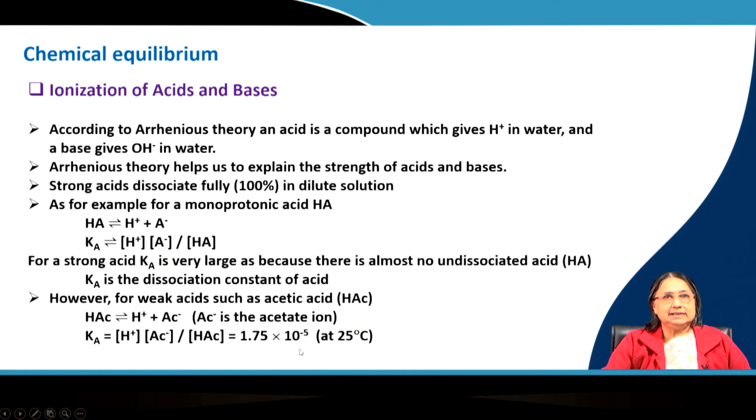At 25 degrees centigrade, it is of the order of 10 to the power minus 5. So, it is a weak acid, it dissociates only a very small fraction, meaning the degree of dissociation is low, not like the strong acid.